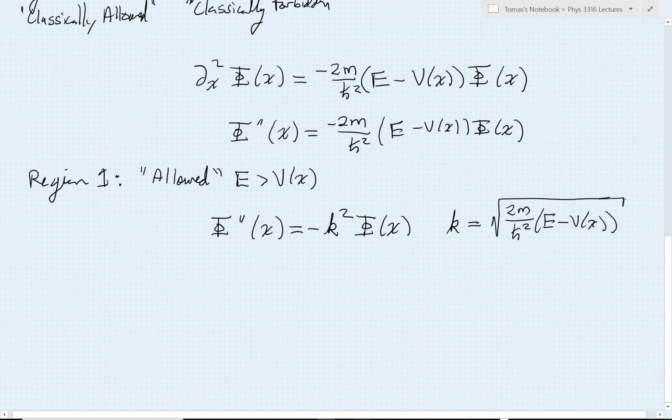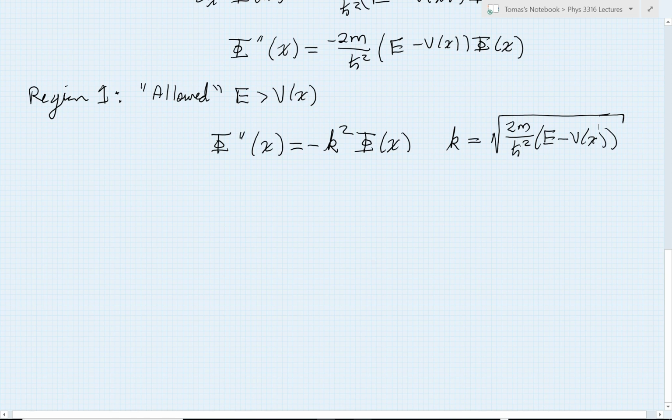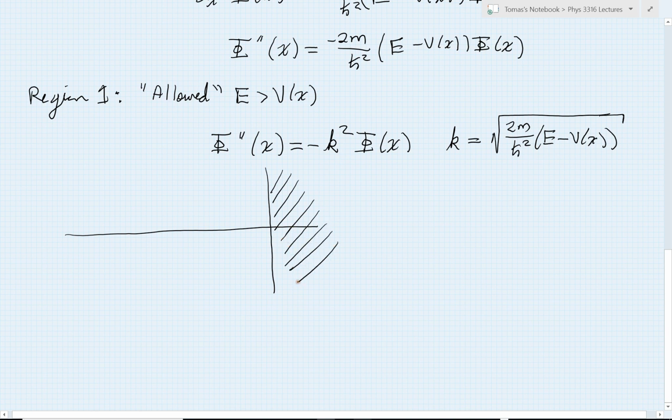Now that we have it down to this more simple version, let's consider the generic behaviors of a function that would satisfy an equation like this. So let's sketch that out. Now I am considering a classically allowed region. I'm only interested in region 1 right now, so I'll just sketch what goes on this side. But the behavior I'm sketching, as you will see, will be quite general.